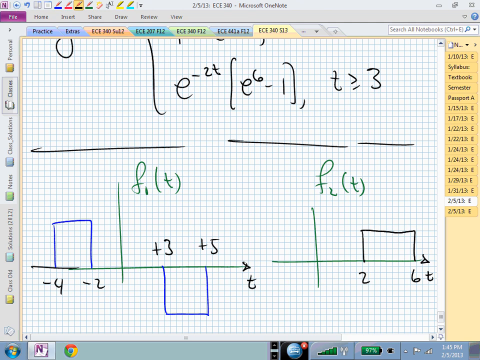We can say, -4 plus 2. It's going to start at -2, shaking. Then it may die for a while, but then it's going to kick back up. And when's it going to finally be done? When we quit hitting it and when it stops responding, which is 5 plus 6, or 11.